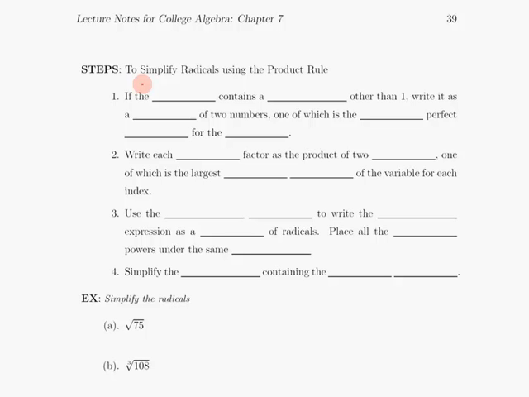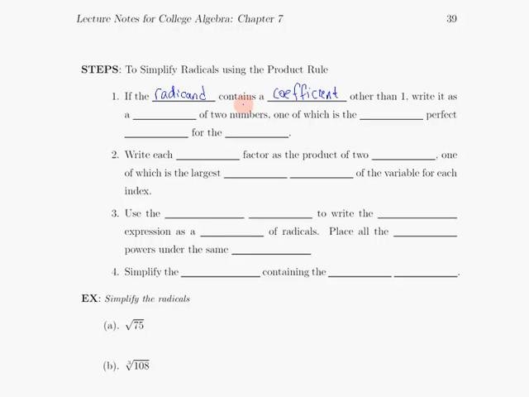So here's our general strategy to simplify radicals using the product rule. If the radicand contains a coefficient other than 1, right? If it's 1, there's nothing really to be done.